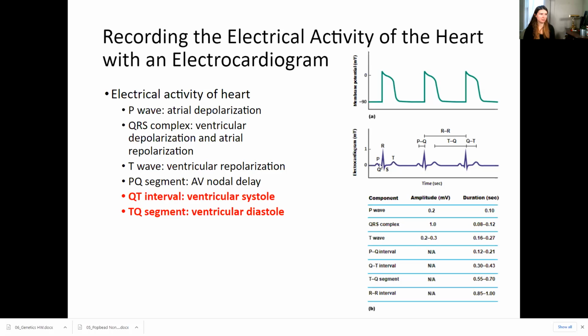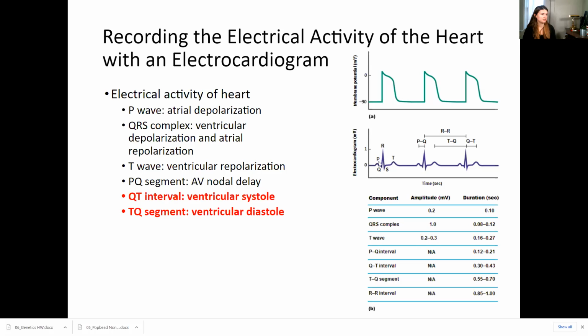So if we measure from the start of that to the end, the T, the repolarization, that tells us how long the heart is squeezing. And that's really important because it's important not to tire out your heart. Your heart can get exhausted. So if we were to really elongate this period of systole, that could present problems for the heart.